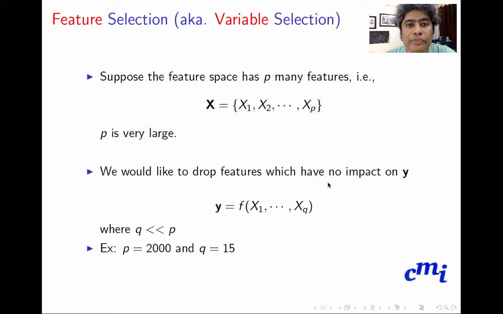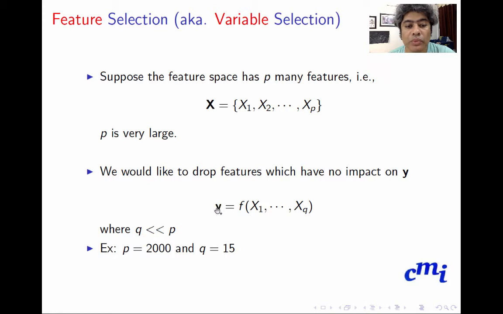Suppose the feature space has p features, that is x is x1, x2, ..., xp, and p is very large. Then we would like to drop some of the features which have no impact on the target variable, or the dependent variable y.